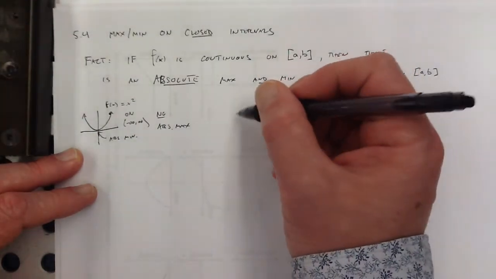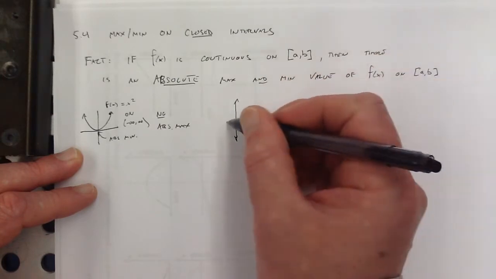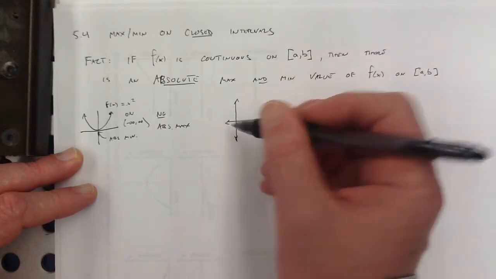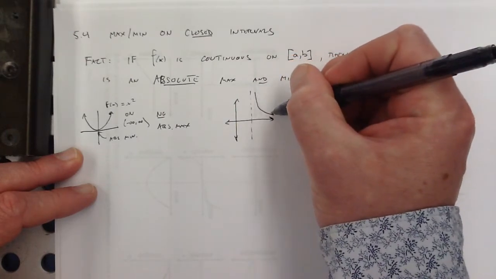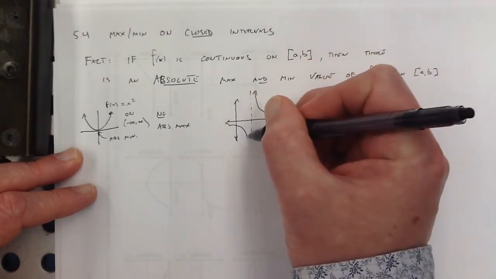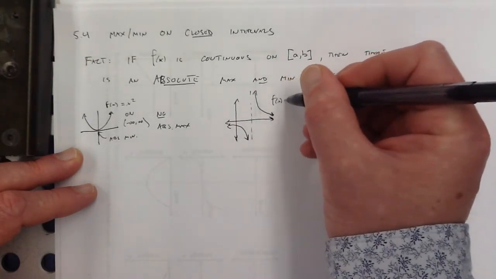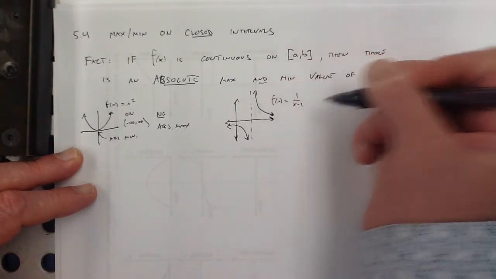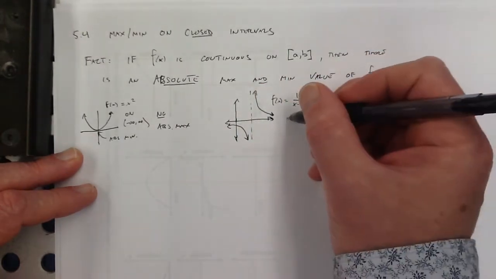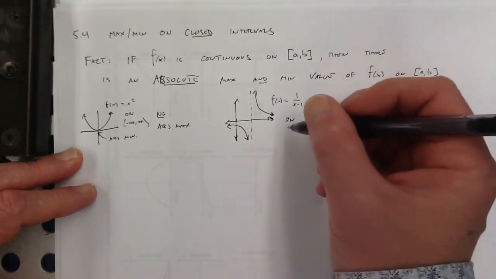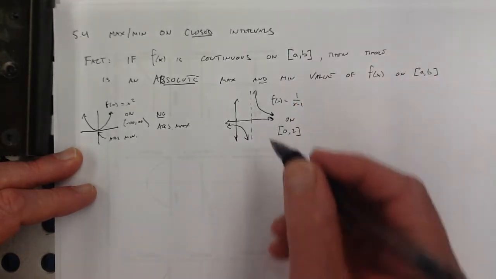For example, let's say f of x is equal to 1 over x minus 1. Looks like this, on the closed interval from 0 to 2.